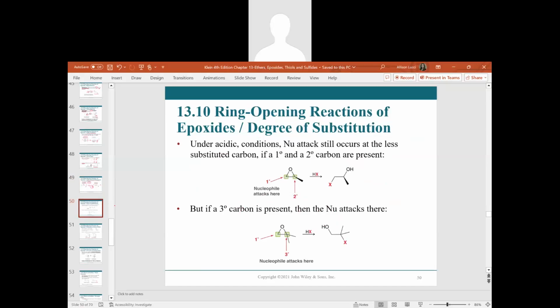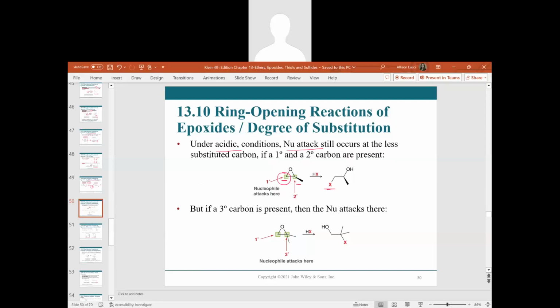Again, we should look at the degree of substitution. Under acidic conditions, the nucleophile will attack at the less substituted carbon. We've seen this previously. So we have a primary site here versus a secondary site here. So we see that the nucleophilic attack would occur on the less sterically hindered site.